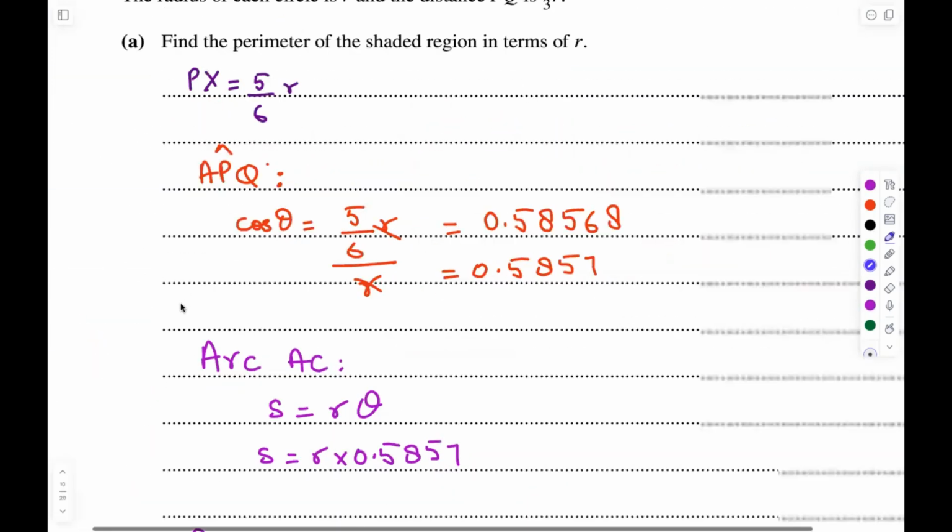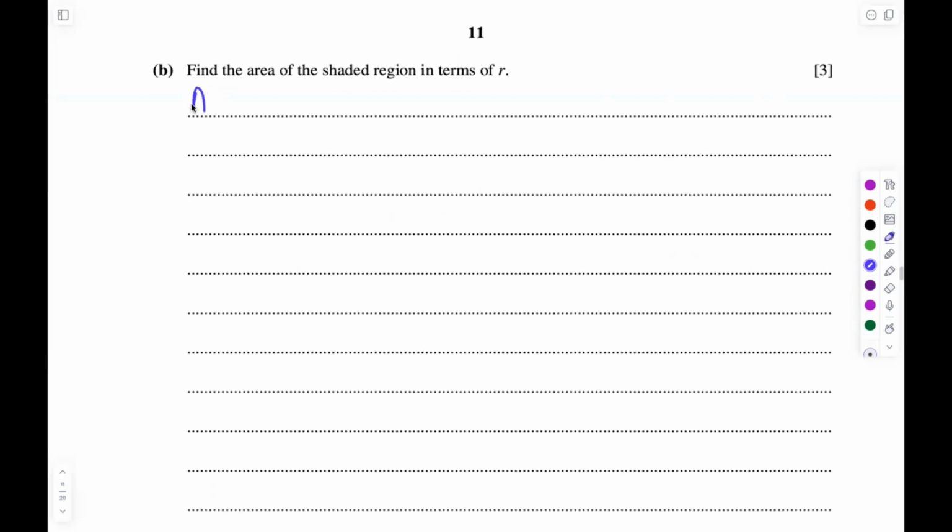The area of sector APC will be equal to 1/2 R squared theta. So R will remain as it is, and we already have the value of theta, which was 0.5857.